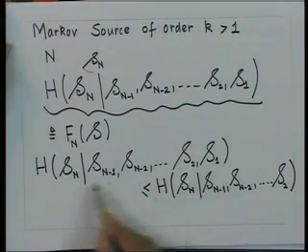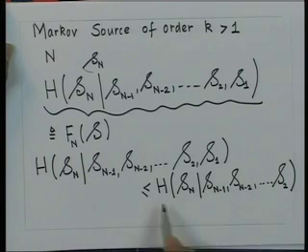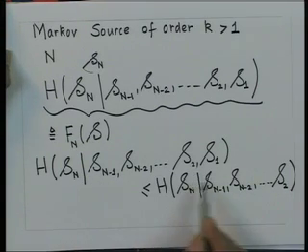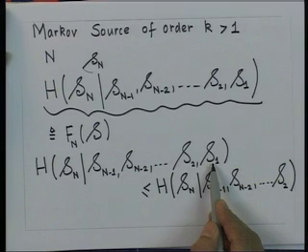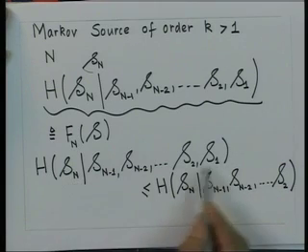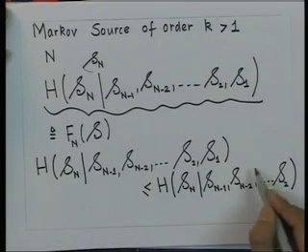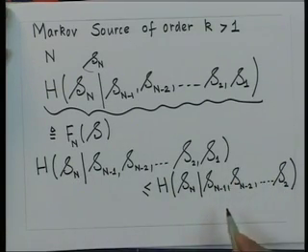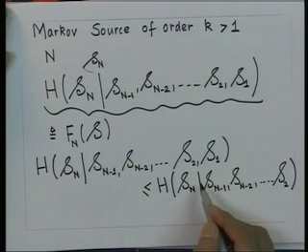Now, it is not very difficult to prove this. Intuitively it is very satisfying that the occurrence of S1 cannot increase the uncertainty of the occurrence of Sn.